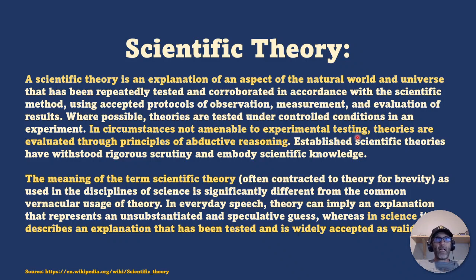And a theory cannot be proven true. It's just widely accepted as valid, right? Sometimes the scientific community gravitates to theories based on philosophical grounds. And I know that's kind of hard to swallow, but as we go further, maybe you'll start to see this point of view.